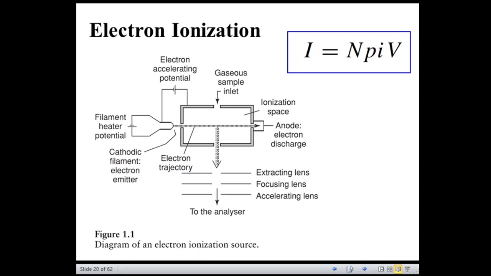We will try to understand the electron ionization source, which is very important, and it is also an example of a high energy ionization technique. This electron ionization, or EI source, was formerly called the electron impact ionization technique, and it was widely used in mass spectrometry.